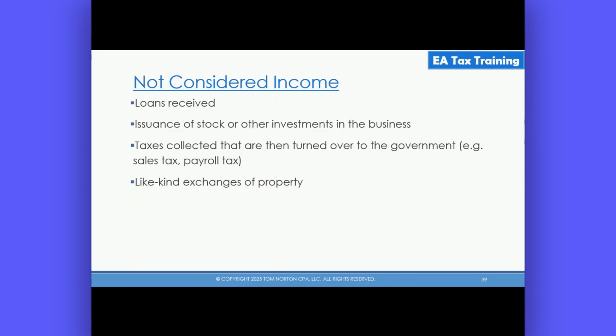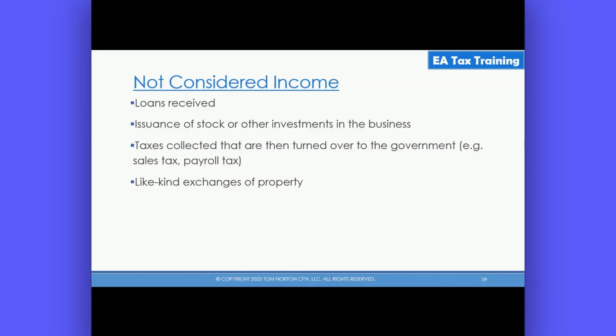Taxes that are collected and then turned over to the government, such as payroll tax or sales tax, are not considered income. So remember, we talked about you collect Social Security, Medicare, and you have to turn those over to the government. Well, when you receive those from your employees, when you withhold that amount, it's not considered income. And then when you turn the money over to the government, it's not considered an expense.